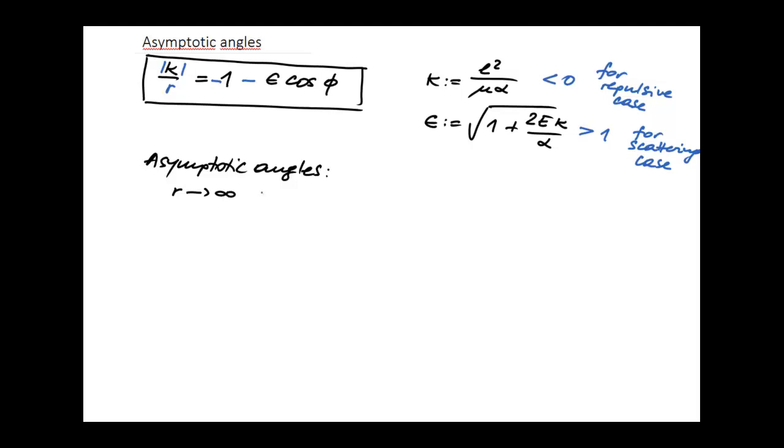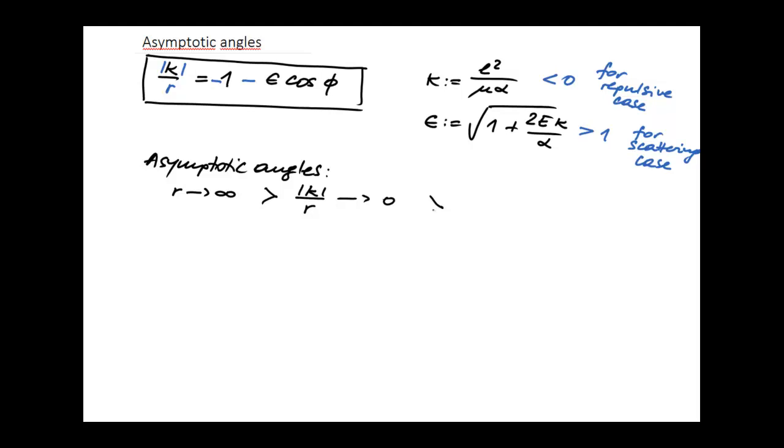Then, of course, on the left-hand side of our equation in the box, this ratio kappa over r, kappa is just a constant, goes to 0.